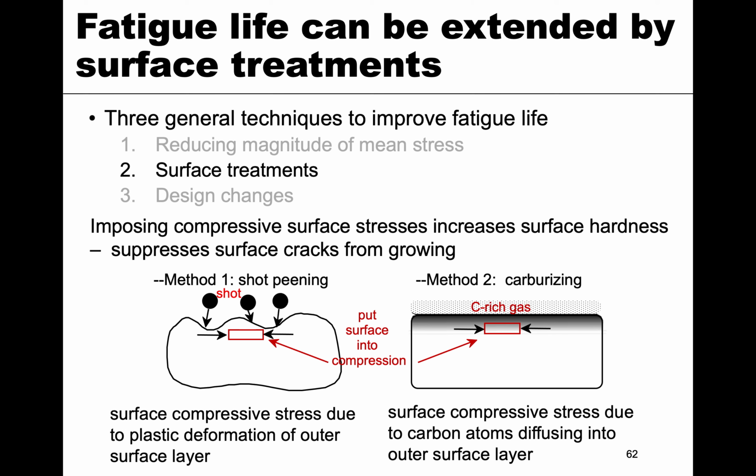Anything you can do to create this compressive stress, any of the topics we talked about with fracture toughness, would also work for fatigue lifetimes. The big difference is that with fatigue applications, we're typically talking about more ductile materials. So shot peening and carburization are typically done on alloys and other metals that have a substantial amount of plastic deformation.